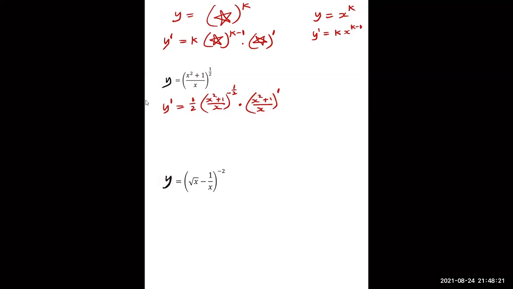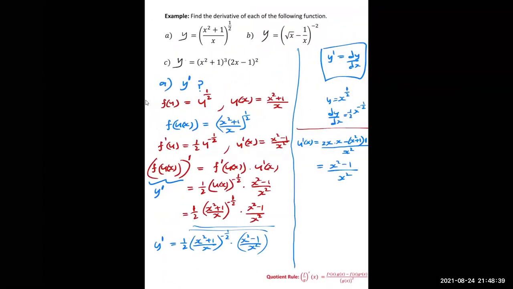You need to find the derivative of this expression. Let's do it. This is equal to 1/2 times (x squared plus 1 divided by x) to the power minus 1/2 times the derivative of this expression. How do you find the derivative? You found it in the previous method.